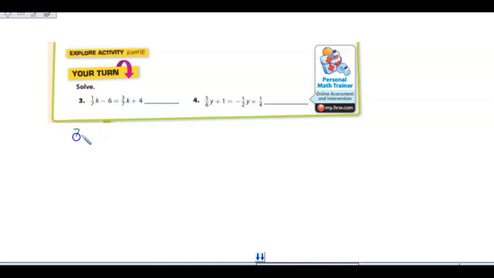So I'm going to take 7 times 1/7 k minus 7 times 6 equals 7 times 3/7 k plus 7 times 4.